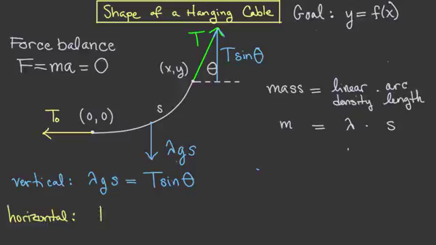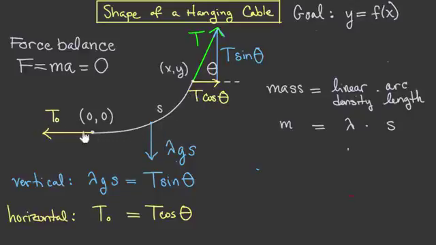Balancing horizontal forces, we find that T0 is equal to the magnitude of the component of the tension force T that points in the horizontal direction, and this is given by T cosine theta. This equation T0 equals T cosine theta is telling us something physical. It's actually telling us that the horizontal component of the tension is constant along our entire cable.